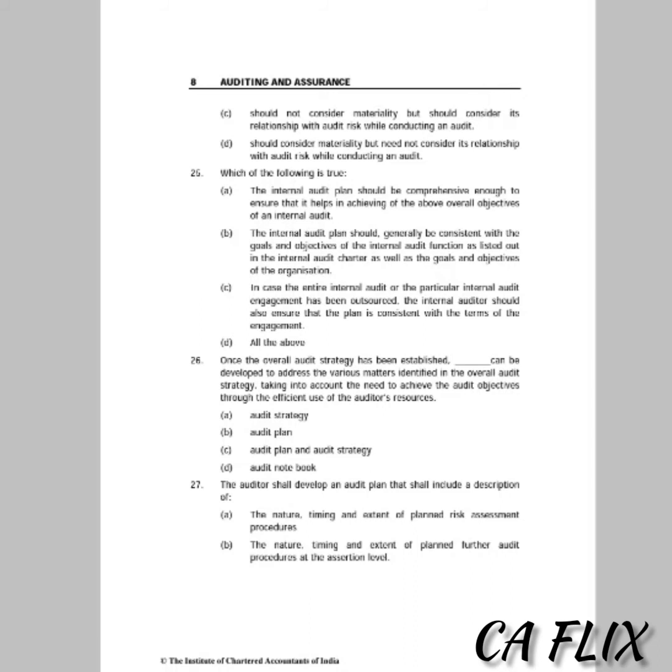The internal audit plan should generally be consistent with the goal and objective of internal audit function as listed out in internal audit charter, as well as goals and objective of the organization. In case the entire internal audit or particular internal audit engagement has been outsourced, auditors should also ensure that the plan is consistent with the term of an audit. Answer is all of the above.